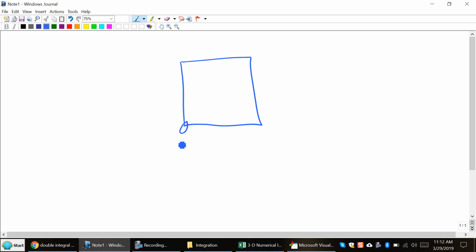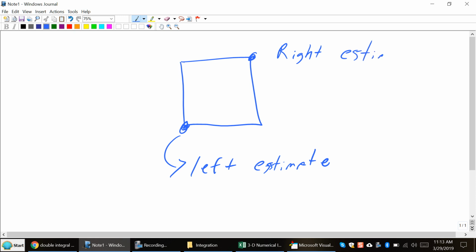So when I say this is going to be my left estimate, it's this point here. This I call my right estimate, but I could just call it also my upper. Okay. The mid is going to be right here.